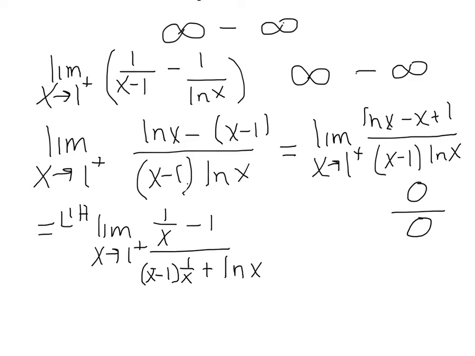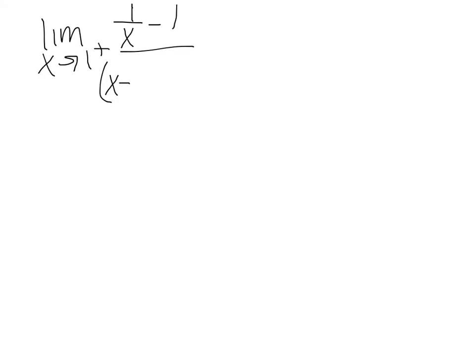Okay. Now, before we go any further, we're going to clean this up a little bit. So I'm just going to go to a new slide and rewrite what we had. So we had the limit as x goes to 1 from the right of 1 over x minus 1 over x minus 1 times 1 over x plus natural log of x.